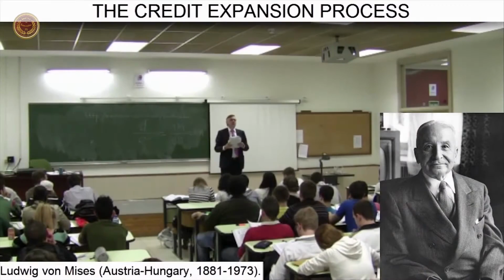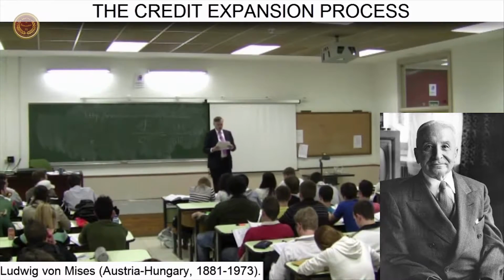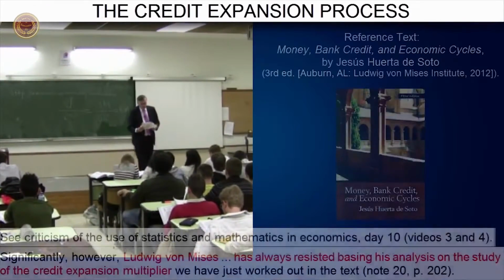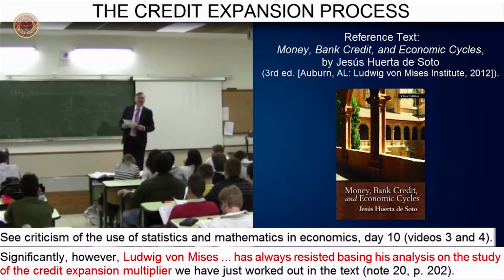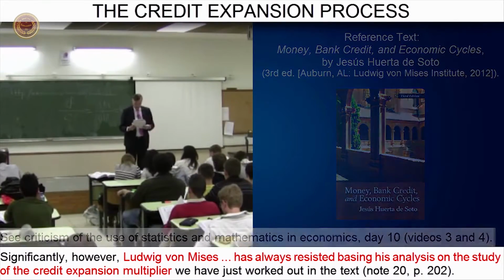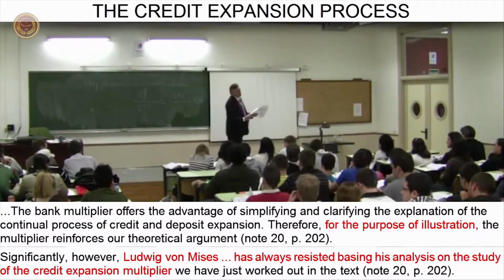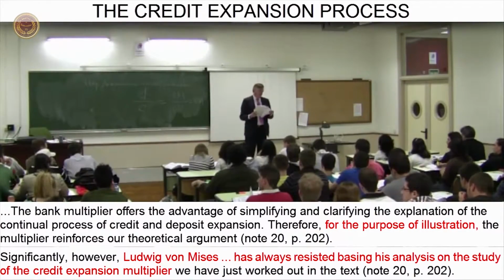In any case, we must make an observation in honor of Mises. I am very reluctant to give mechanistic, algebraic explanations like that of the multiplier I have just presented. But the multiplier is so illustrative that it offers students enormous help in understanding the process.